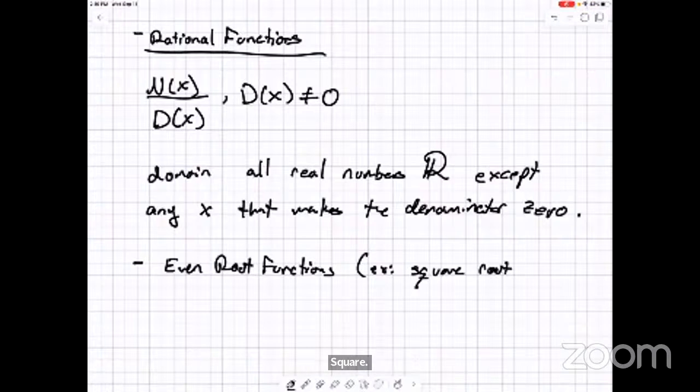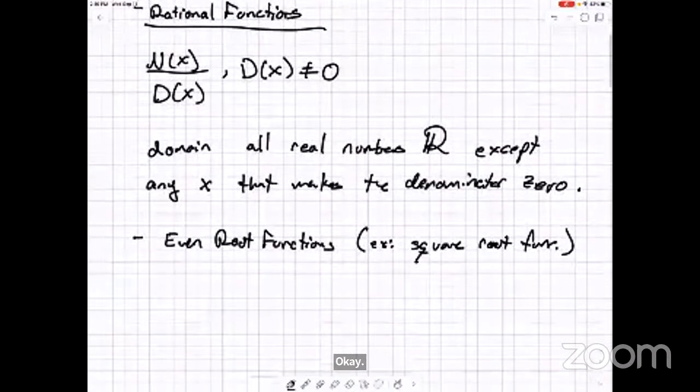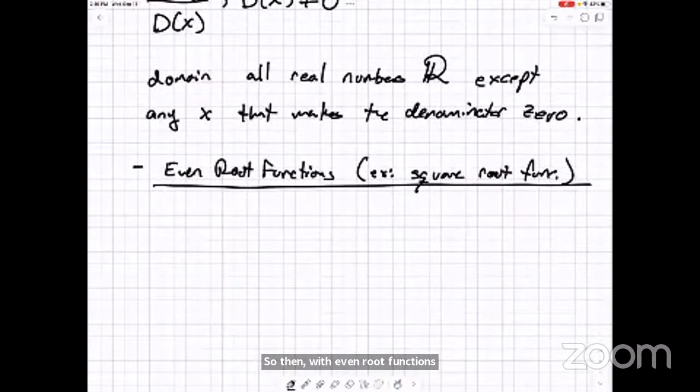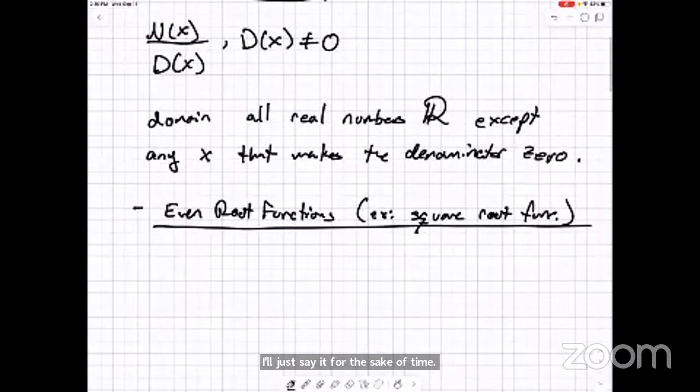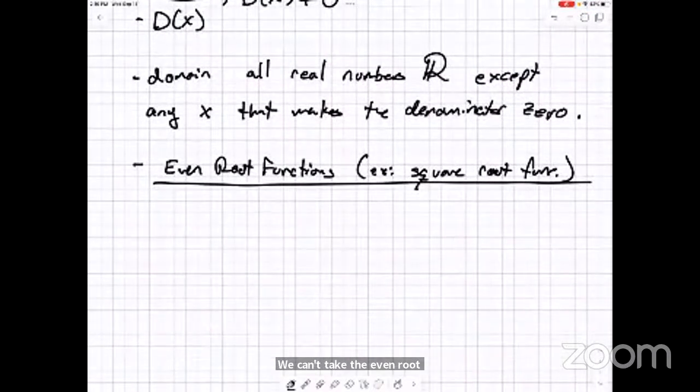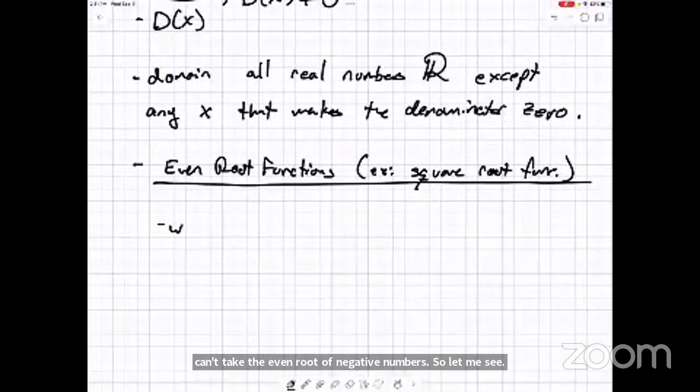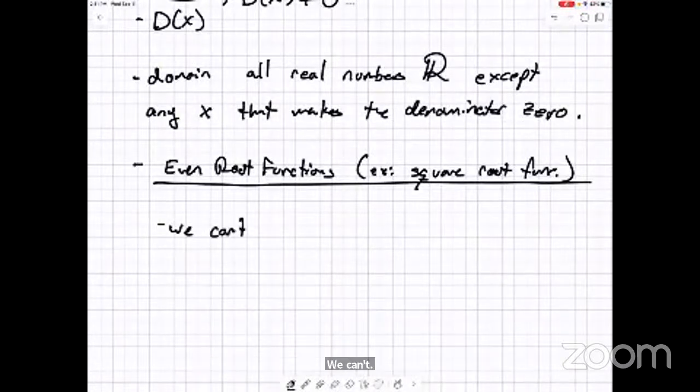So we talked about rational. With even root functions, we can't take an even root of negative numbers.